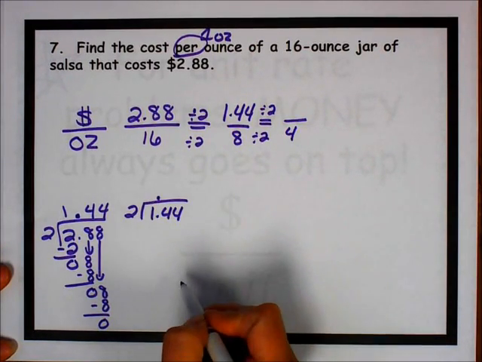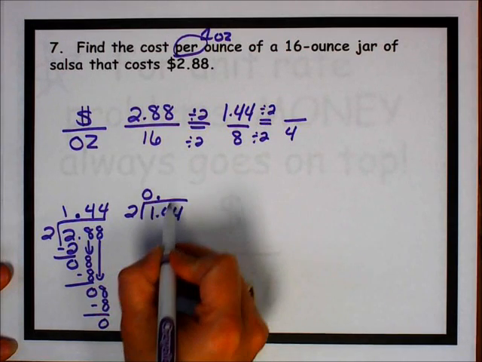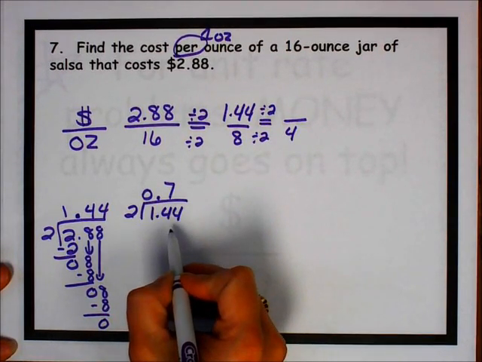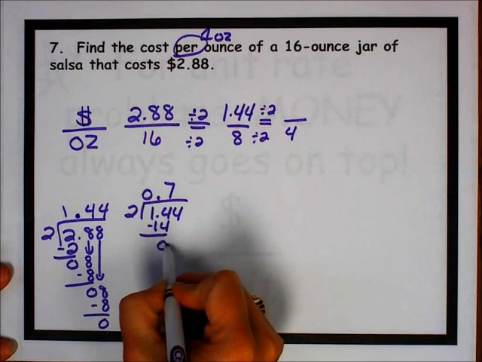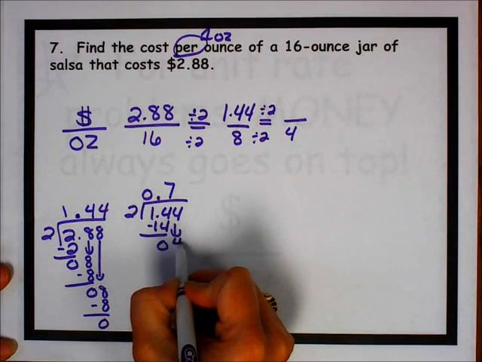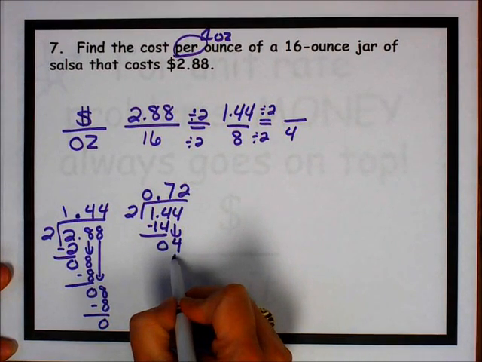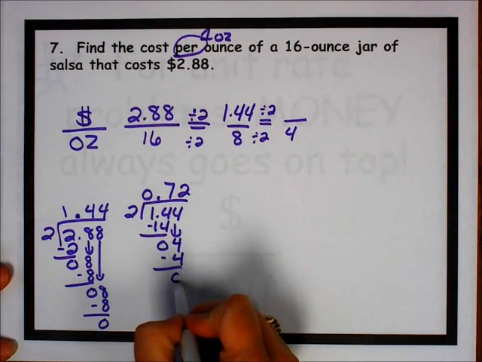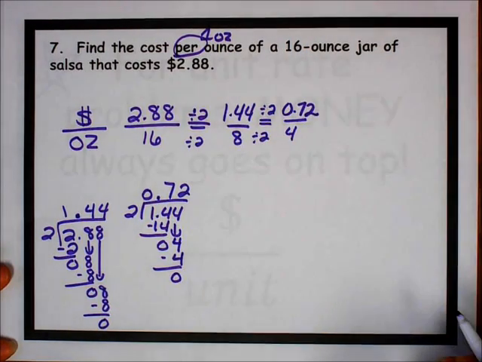Bring my decimal straight up. 2 will not go into 1, but 2 will go into 14 7 times. 7 times 2 is 14 with none left over. I'm going to bring down the 4. 2 goes into 4 2 times. 2 times 2 is 4 with none left over. So now I have 72 cents over 4.